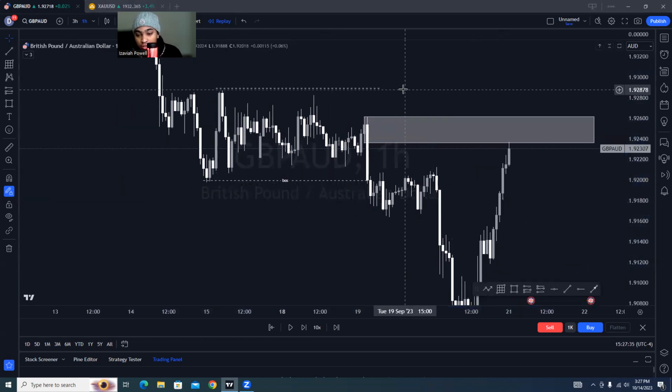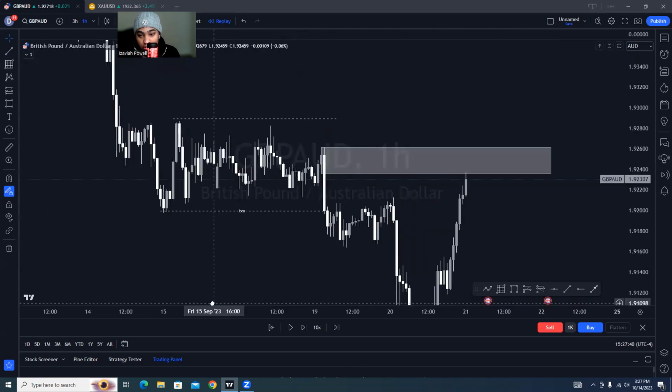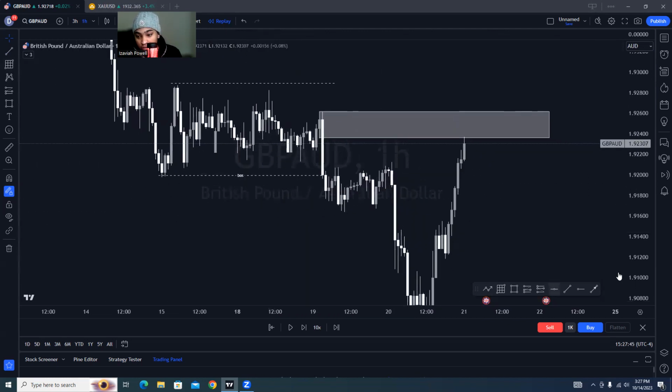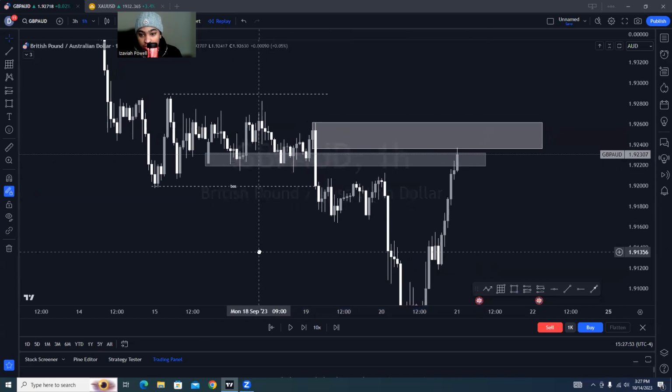I do have multiple confluences with this strategy. I'll do it in different videos. I use Fibonacci from the swing high to swing low and market structure. You can see that even where we broke this low is where the market has to retest this area.